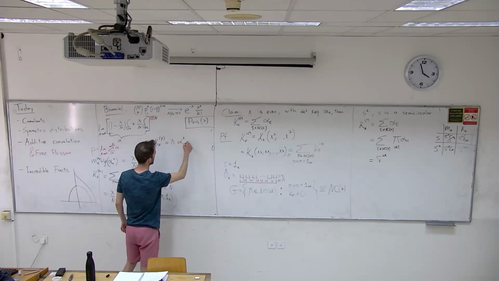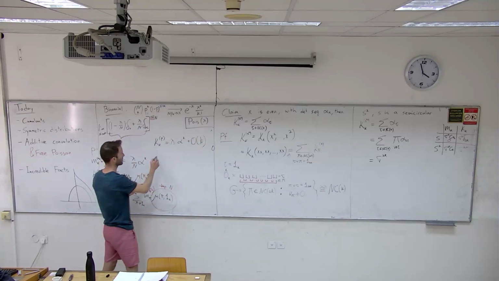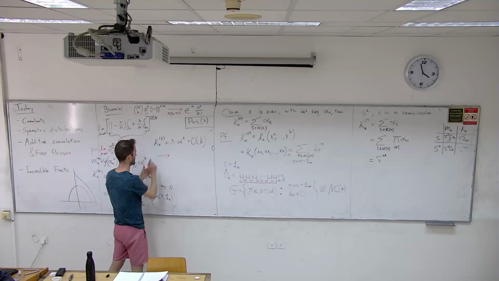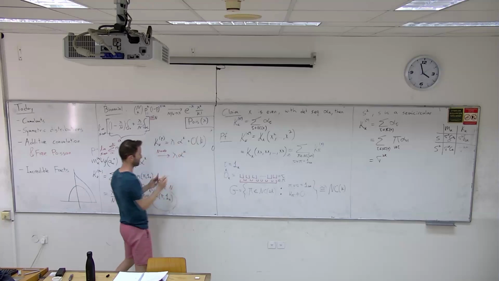Okay, so I can write here plus O of 1 over n, but I take n to infinity. So this goes to lambda times alpha to the k.